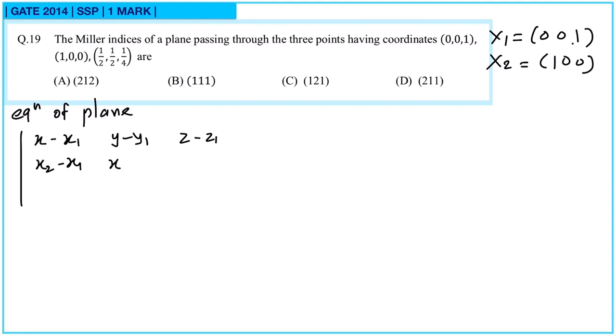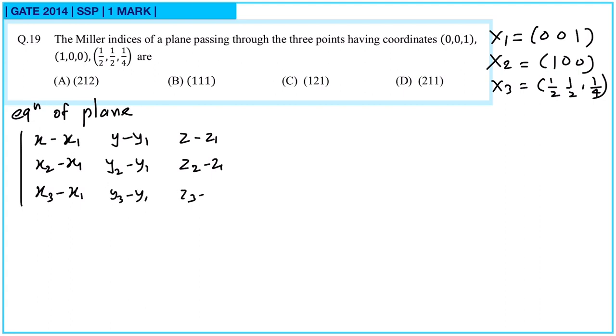So this will be x1, y1, z1, this will be x2, y2, z2, and this will be x3, y3, z3. The next row will be x2 minus x1, y2 minus y1 and z2 minus z1. Next will be x3 minus x1, then y3 minus y1 and z3 minus z1. And this should be equal to 0. That will give you the equation of the plane.